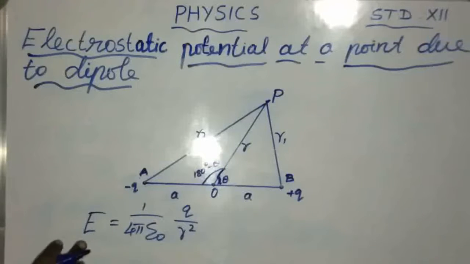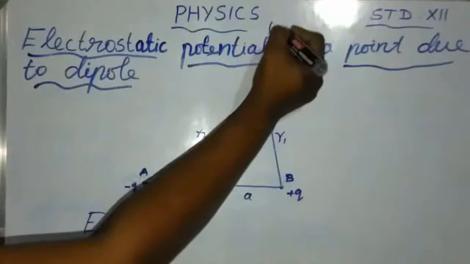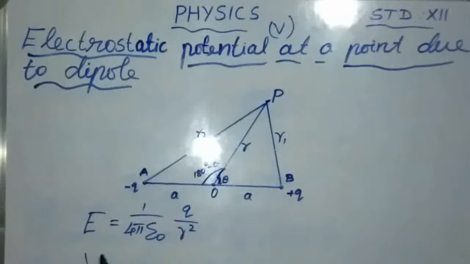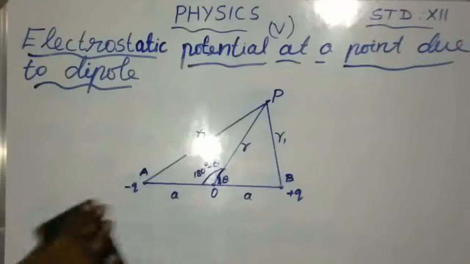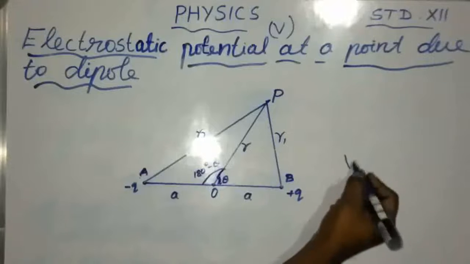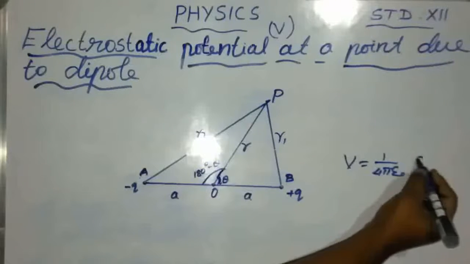This is the formula for electric field E. Now electrostatic potential is denoted by the letter V. The formula for V is the same as E, but with a small difference: V equals 1 by 4 pi epsilon 0 Q by R. The only difference is R square for E, and R for V.